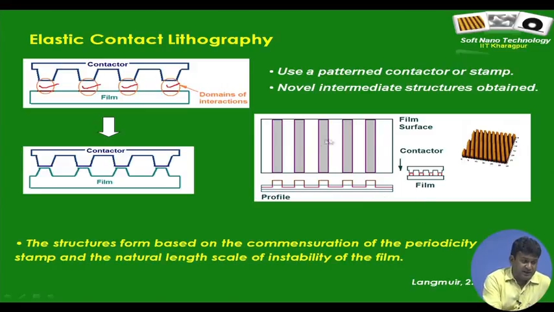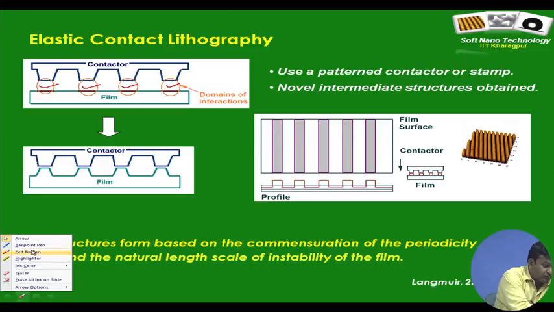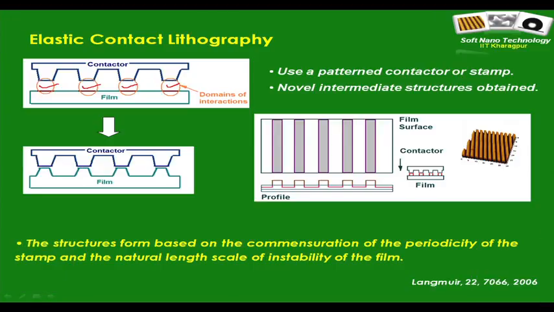So, what happens if, at the stage where a positive replica has formed on the film surface, the contactor is still pressed? Please do not forget that these replicated stripes themselves are soft.